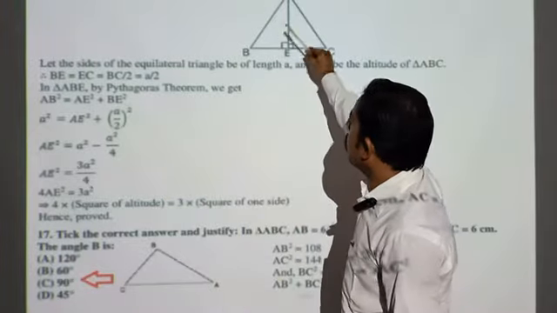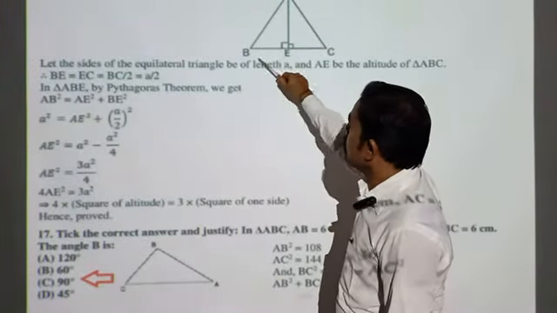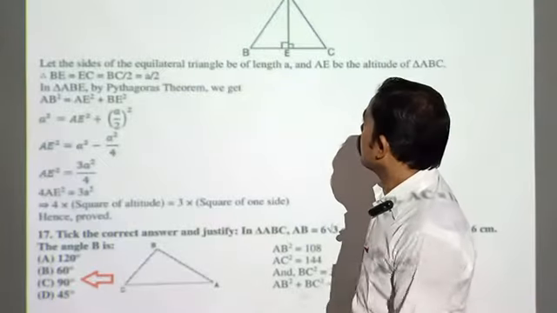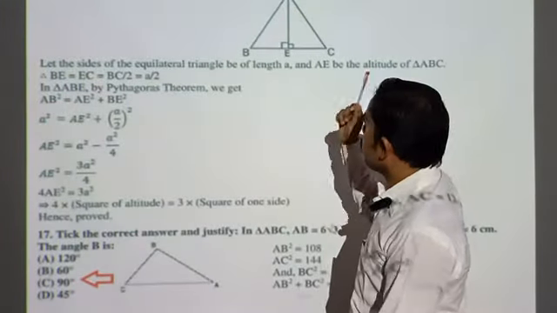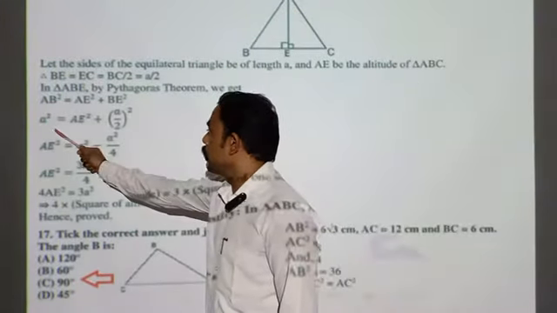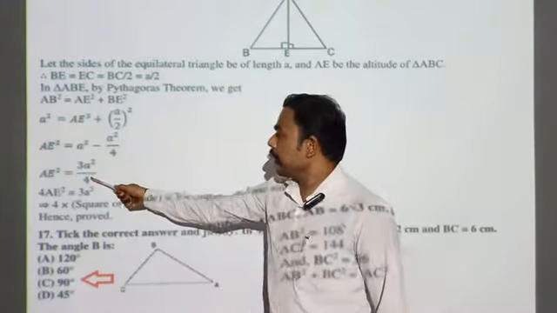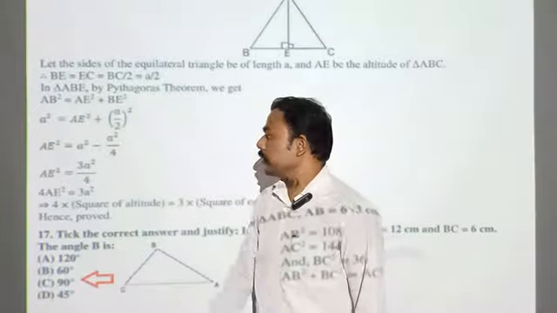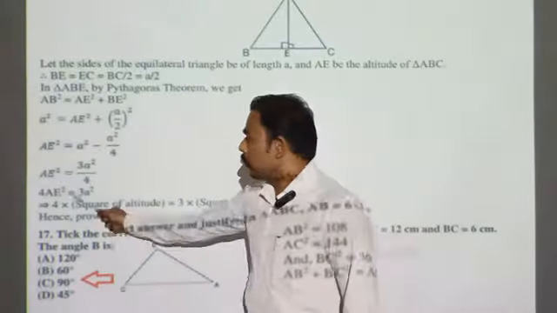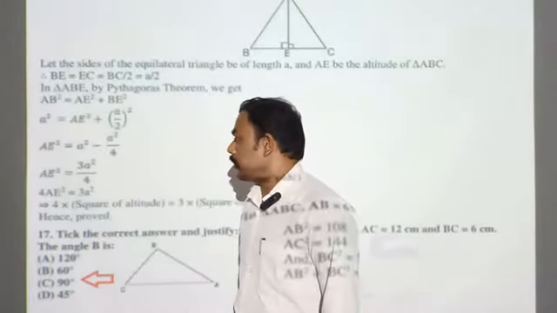Now in triangle ABE, apply Pythagoras. Substitute. Now we need to compare AE squared: AE squared equals small a squared minus A by 2 the whole square, so A squared by 4. After finding the LCM, 4A squared minus A squared, 3A squared by 4. So 4 AE squared equals 3A squared.